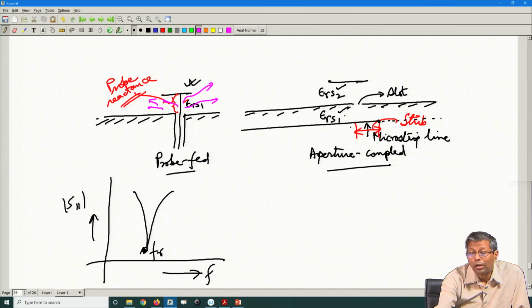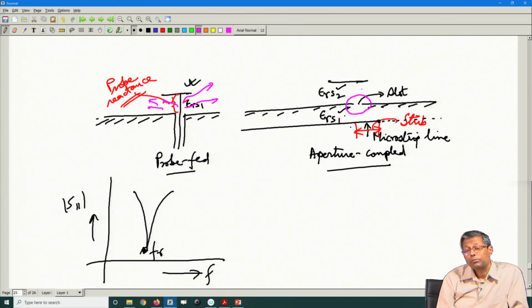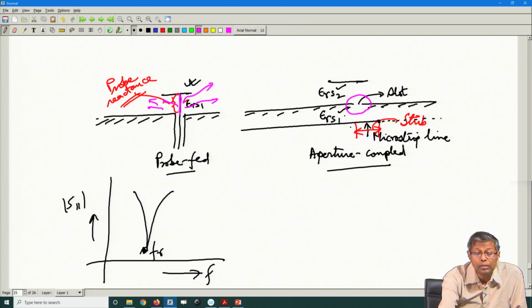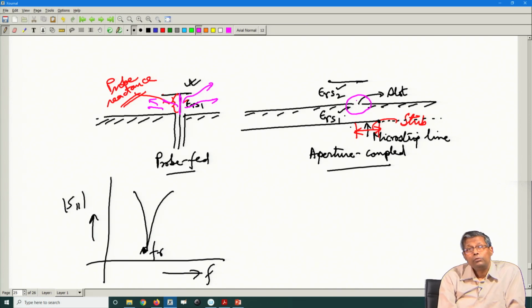But here the slot length does not depend on the thickness of the substrate. So, it is less susceptible to vary the inherent patch resonance. It is not that the slot does not radiate, the slot also radiates and it causes spurious radiation, but the spurious radiation from the probe is larger because it is dependent on the height of the substrate. In addition, you have to drill a hole through the substrate, there is no hole to be drilled here. So, all these features contribute to the positive sides of this design.